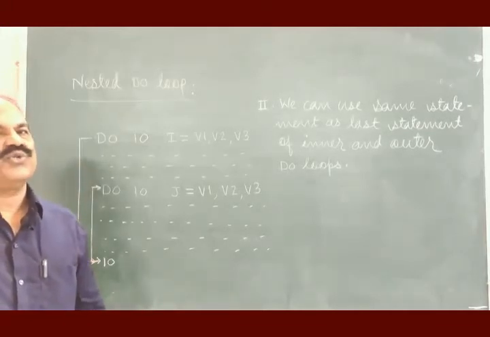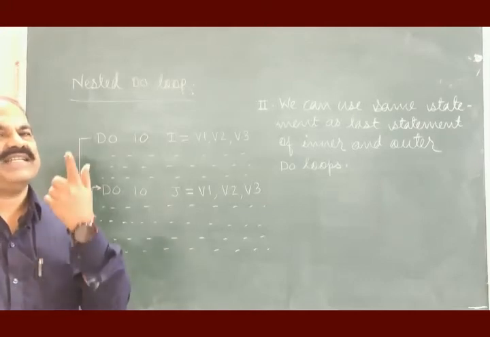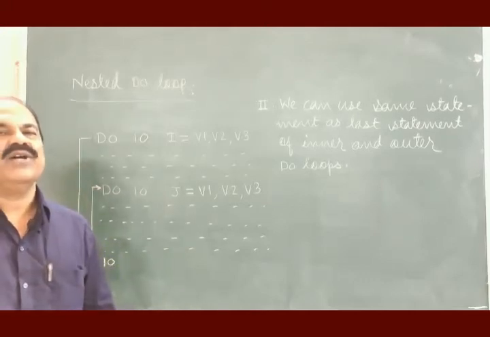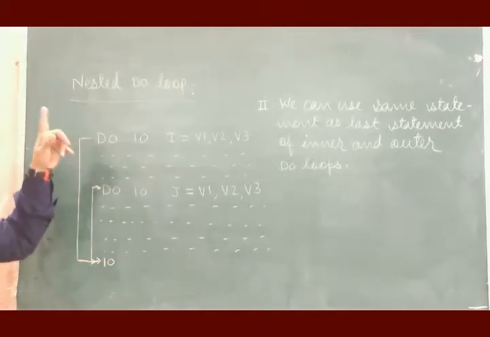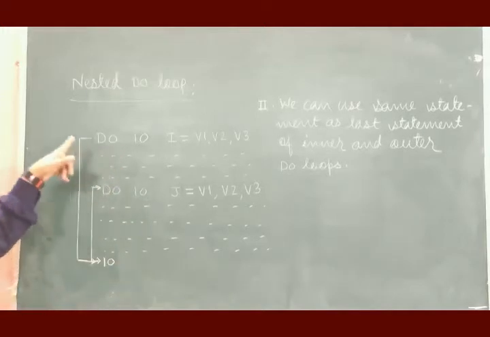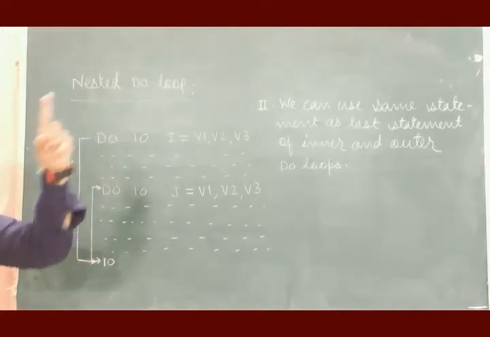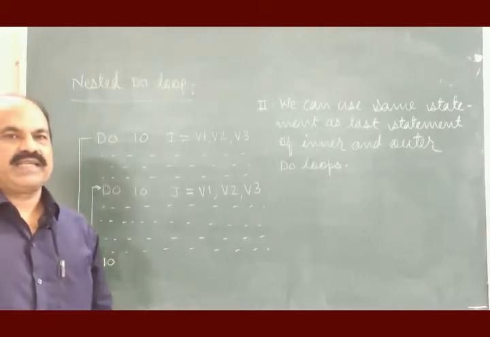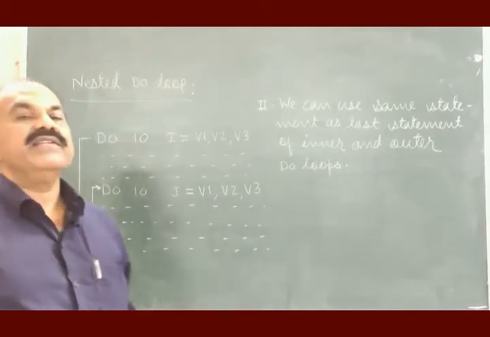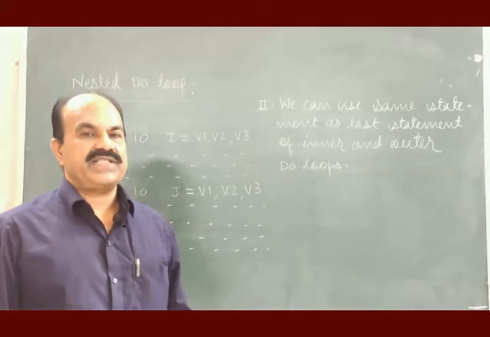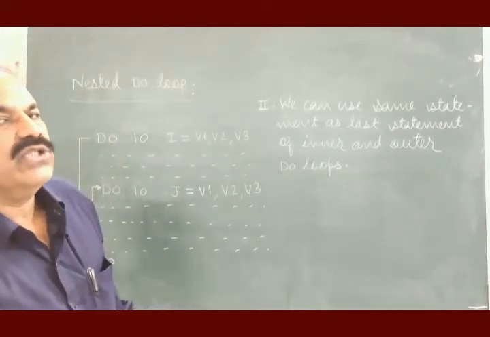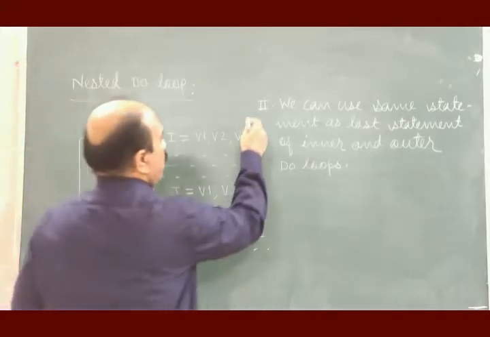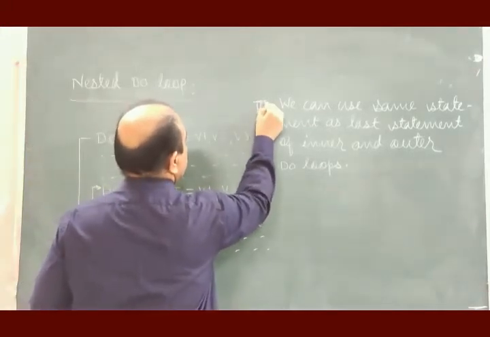Fortran allows us to use same statement as last statement of inner as well as outer do loops in nested do loops. Okay, so this is example of second rule. After having studied second rule of nested do loops, let us try to study third rule for do loops.